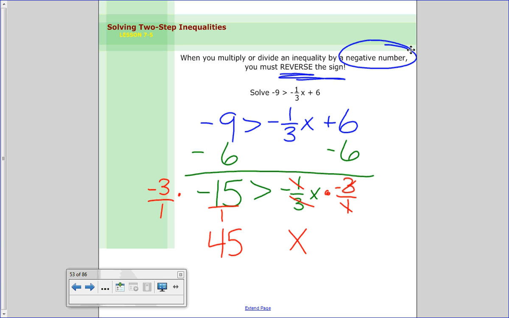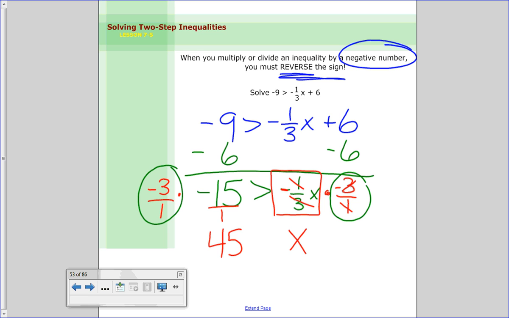But if you take a look, I multiplied both sides by this negative 3 over 1. If the number that is with x, so in this case negative 1/3, if that number is negative, I can tell you automatically your sign is going to have to reverse. So again, if this number with x, negative 1/3 x, is negative, like this one is, you are going to have to reverse the sign.